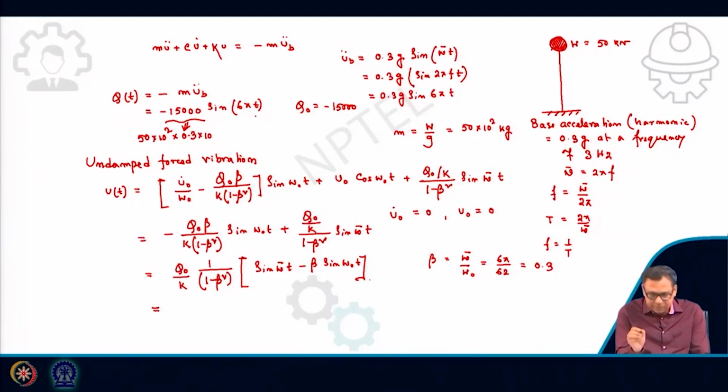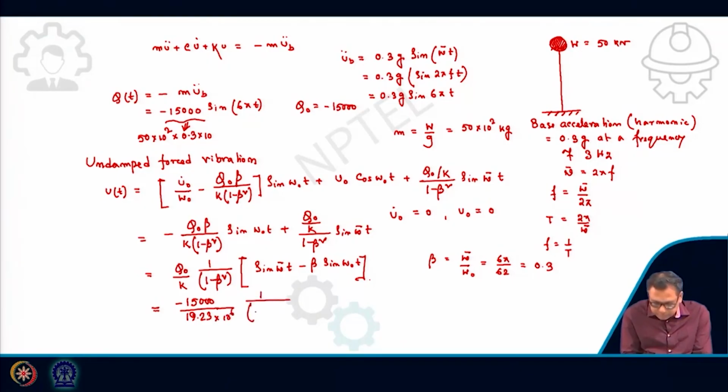So I can put here minus 15,000, and then k is 19.23 into 10 to the power 6, 1 by 1 minus 0.3 square, then sine 6 pi t minus 0.3 sine 62t.